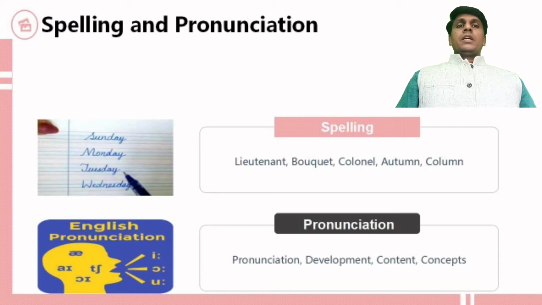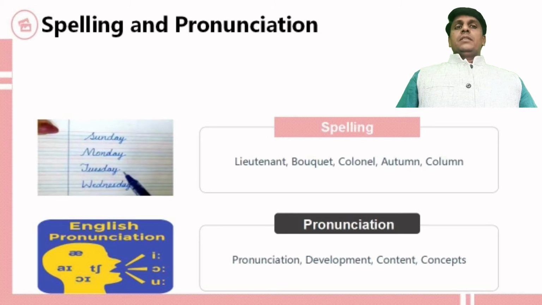Simply because there are many words I can easily utter and pronounce, but I don't know the spelling. There are many words whose spelling I know, but I don't know the correct pronunciation. I mean, there is something lacking when I speak, and something lacking when I write.